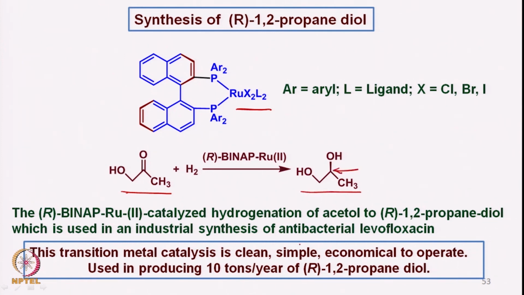This particular molecule is very useful to prepare using this protocol, and economically it is easy to operate, and its preparation has been shown to be useful for producing 10 tons of such a molecule per year by using these catalysts, and therefore it is very commendable that such a reaction can be done in a catalytic fashion.